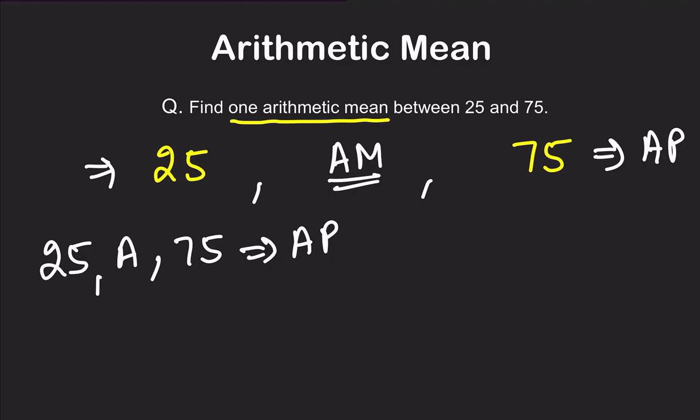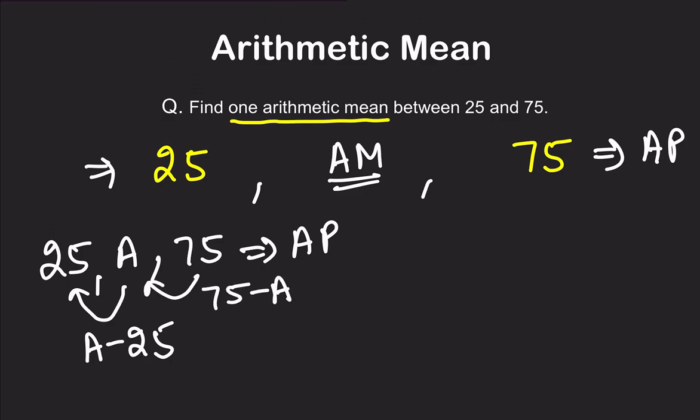Now the first thing is clear. Now tell me what is the common difference between the first two numbers, that is A minus 25. What is the common difference between A and 75? That is 75 minus A. I hope this is clear. Since it is an arithmetic progression series, the common differences are equal.